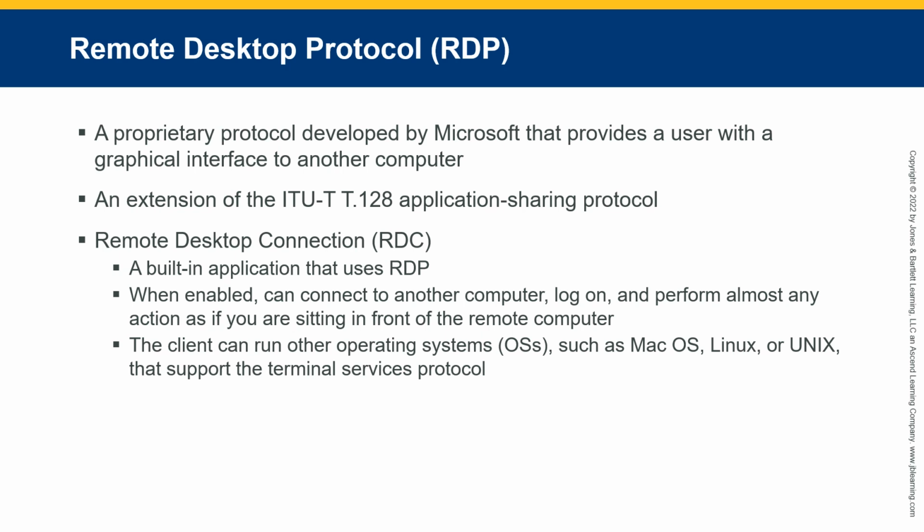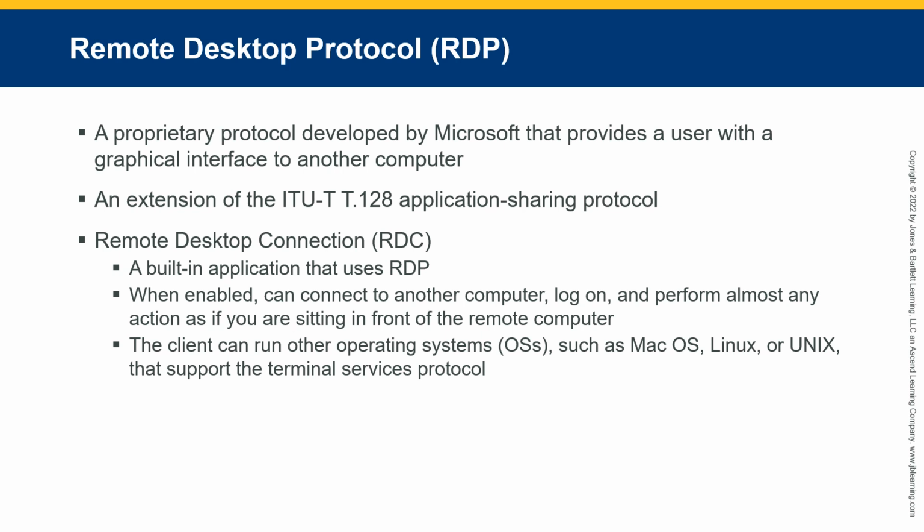It's an application that uses built-in RDP, and when enabled, the client can connect, log on, and perform any actions as if you were on that computer locally, as you do on your laptops or your desktops right now. With RDP, you seem like you're actually on that server itself.